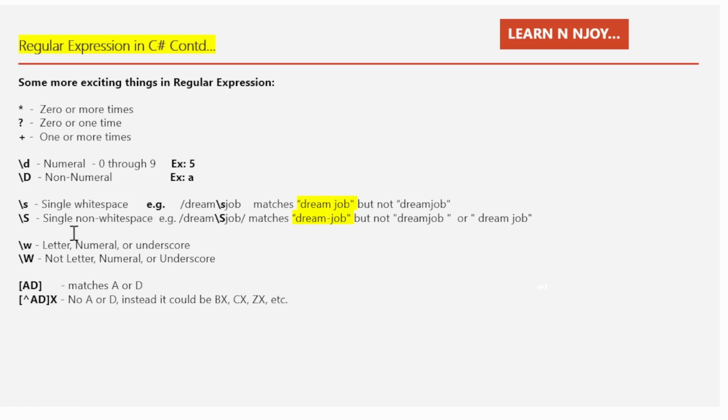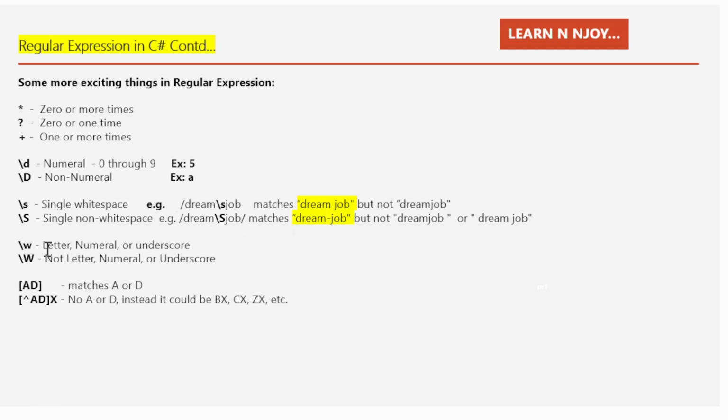Similarly, the single non-white space is denoted by backslash capital S. In the example shown here, dream backslash capital S job matches with "dream-job", but not with "dreamjob" where there is no space, and not with "dream job" with a space either. It is talking about a single non-white space character, which is nothing but the hyphen or some other character.